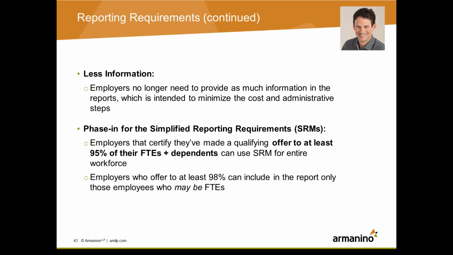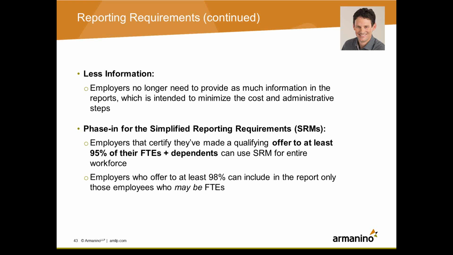So since the IRS needs this information in order to determine whether or not you're falling under their mandate, they need all those pieces to determine that. So what's going on in this? As a large employer, you're going to have to report, one, all your full-time employees, their name, address, federal ID number, whether or not you offered coverage to them, whether it was affordable, and whether it met the minimum values that are needed.